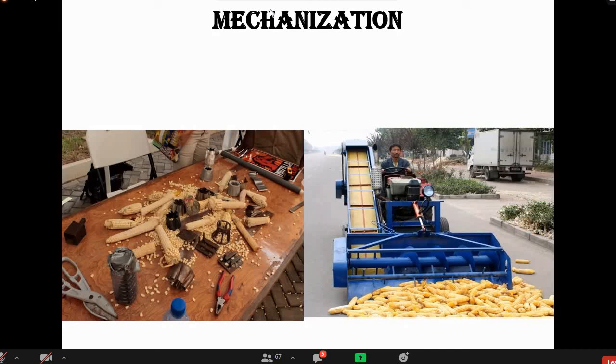But here he is coning the cobs with this machine, so only one person is required and a lot of work is being done, right?